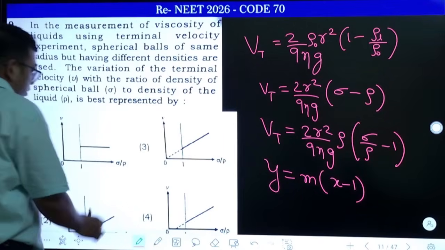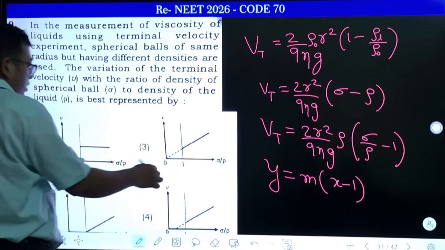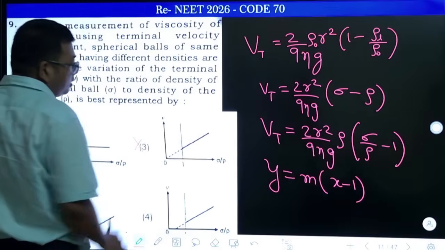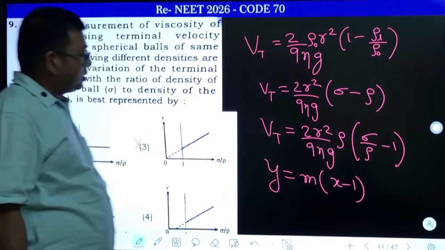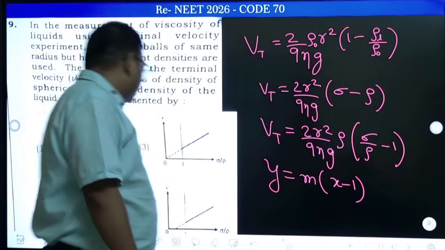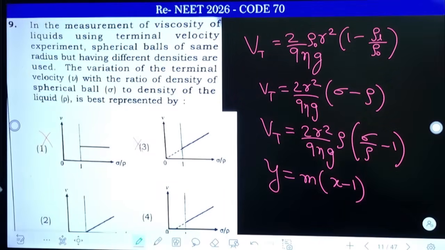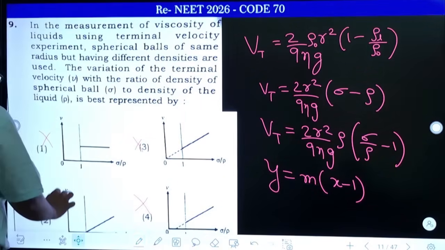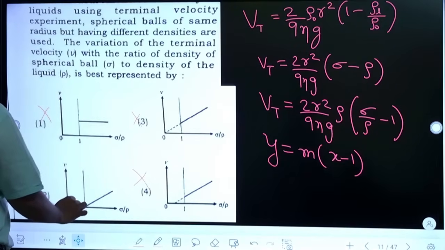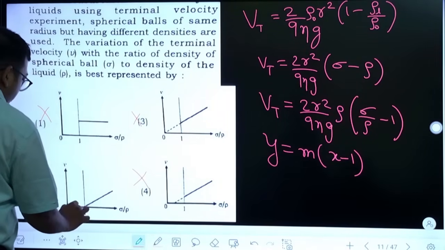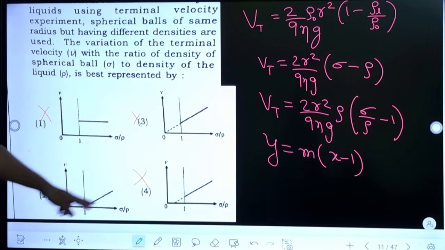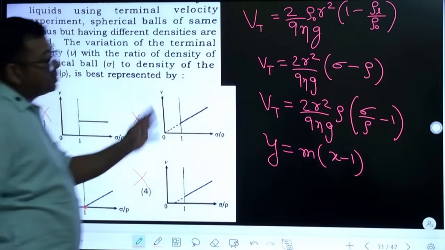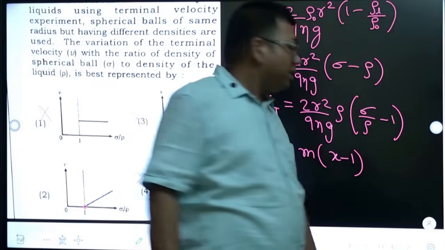So this graph is not possible because it has to cut the x-axis. So y is 0 when x is 1. So these two are not possible. What about these two cases? You check that. This is anyway not matching, right? This only will match because at this point we can see that when this ratio is 1, y, which means the terminal velocity, will be 0. Done. Let's move next.